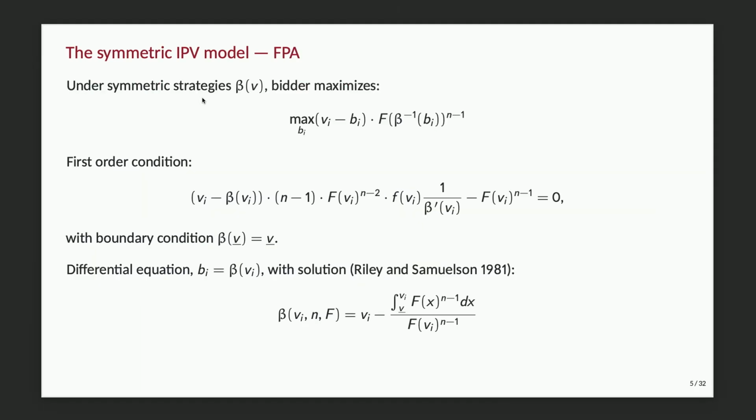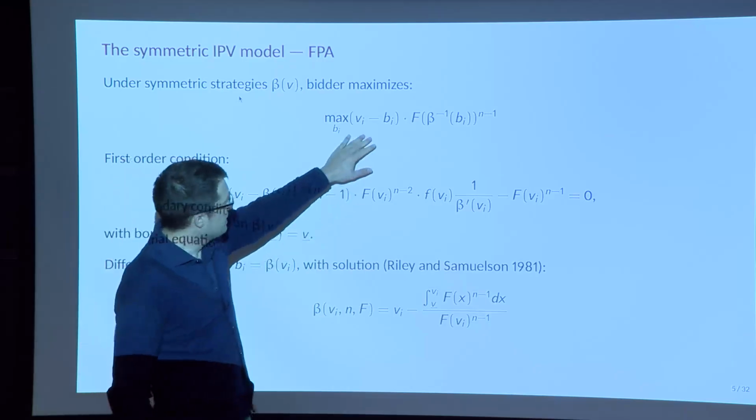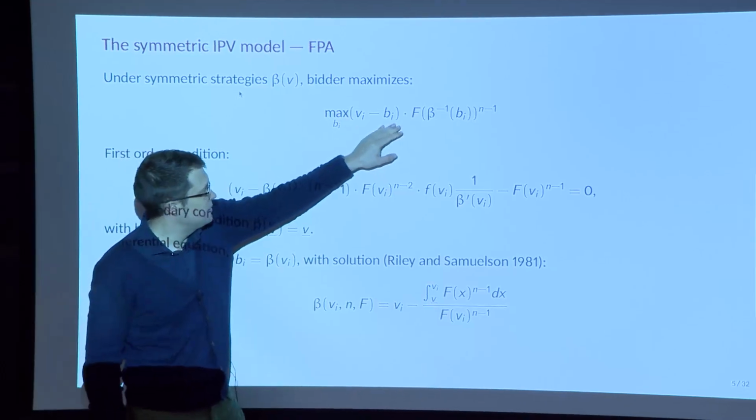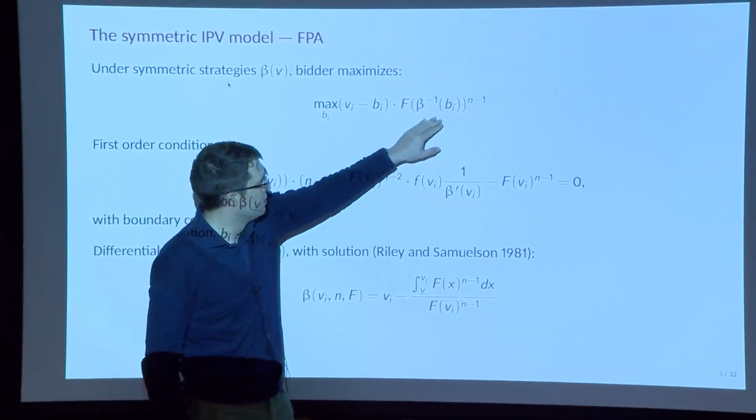Again, this is recap, I know, but because I come back to this, I want to walk you through this once more. So we can solve in the first price auction case for the unique symmetric Bayesian-Nash equilibrium. Bidders are maximizing their valuation minus their bid times the probability of winning.